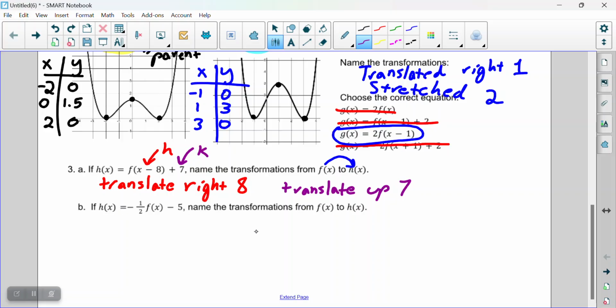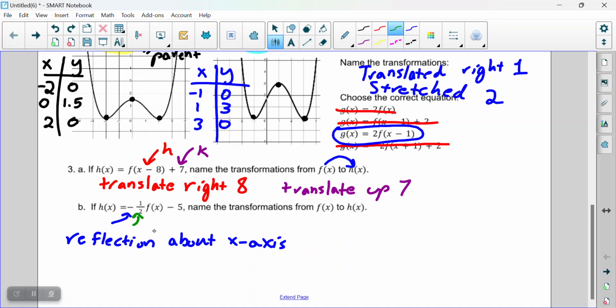Same type of question. We're identifying the transformations. I do see an A this time. I see a negative. A negative is a reflection about the x-axis. What does the 1/2 do?